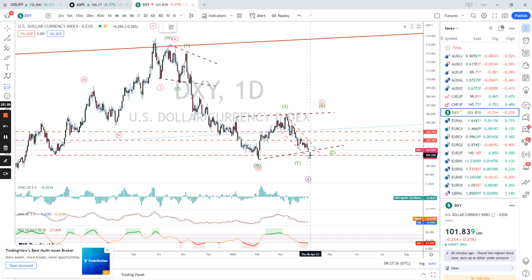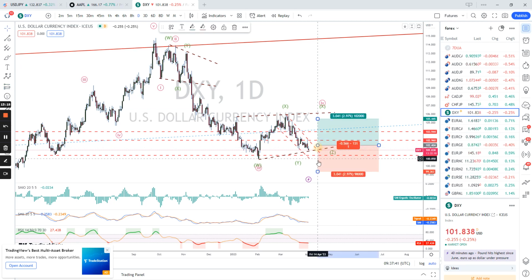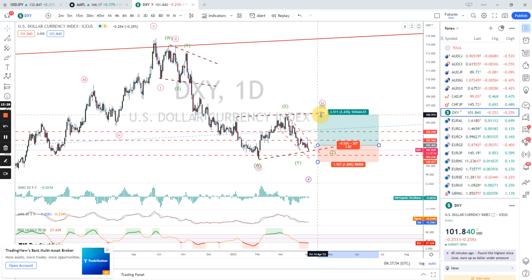So in this case, if we get a bounce from this zone, then we should go long on a break of this falling wedge, placing the stop loss below 100.5 and targeting higher to our indicated point of the 4 wave and the X wave, which is 106. Again, the risk to reward is almost 2, and in the previous case was above 2.